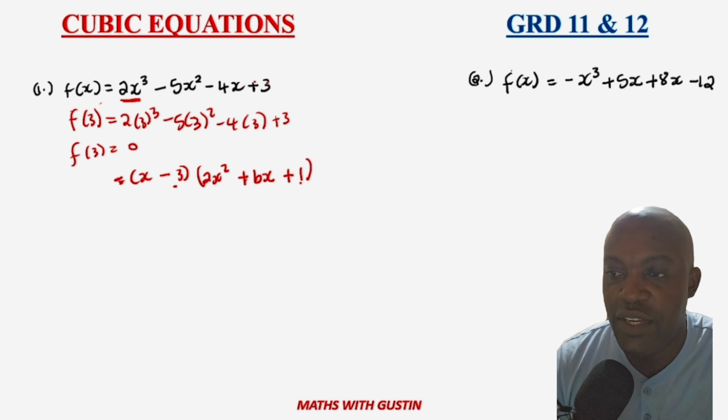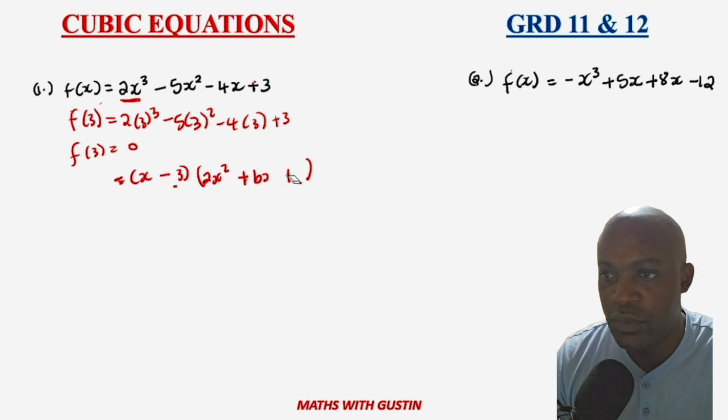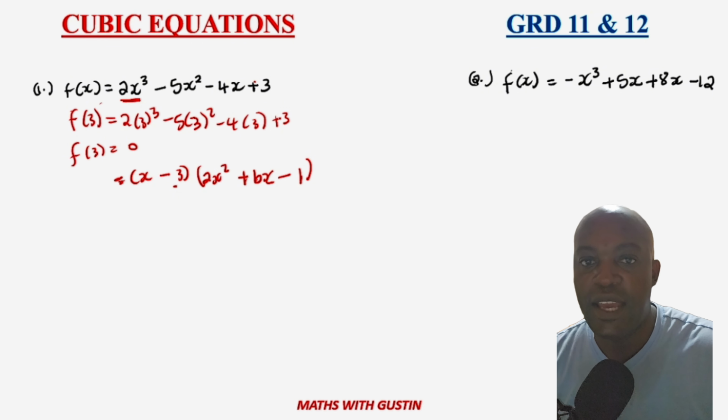You already have negative 3 here, so you put negative 1 here, so that it gives you positive 3 at the end.